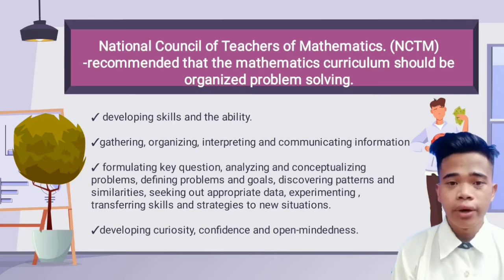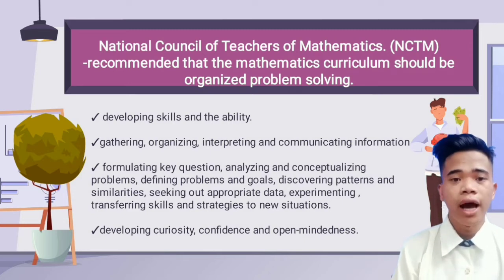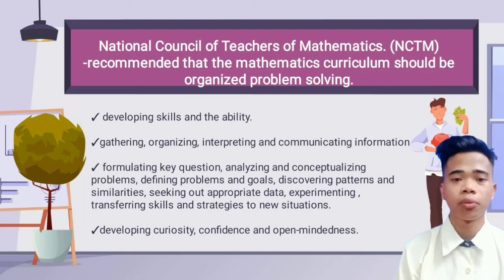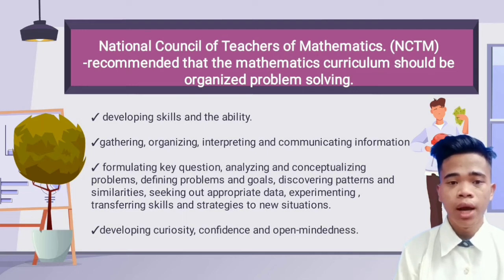The second is gathering, organizing, interpreting, and communicating information. So it is very important in problem solving that you can gather data, organize data, interpret ideas, and communicate information, because we can solve it step by step, we can solve it quickly, and we can share how to solve that problem.